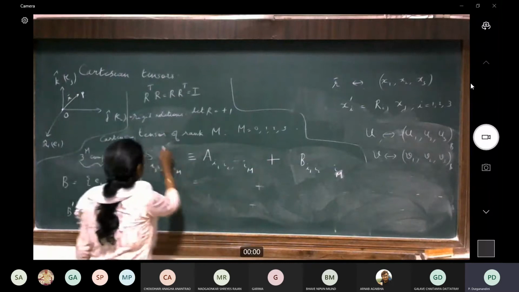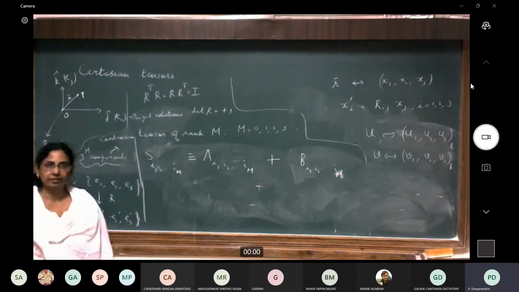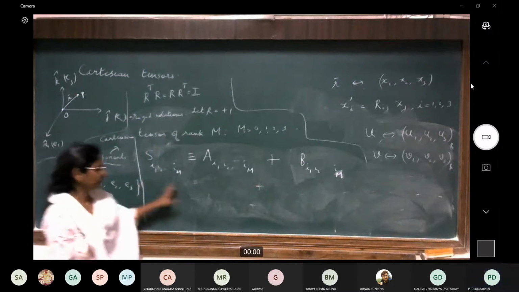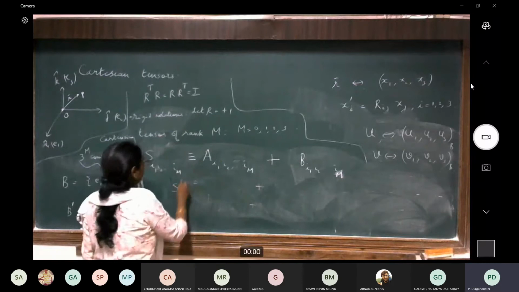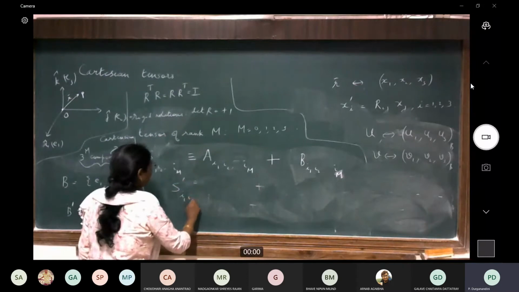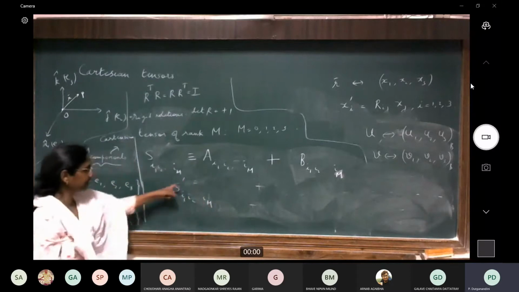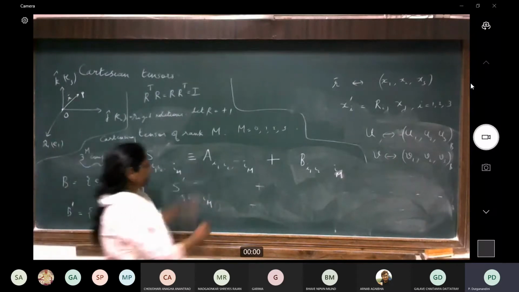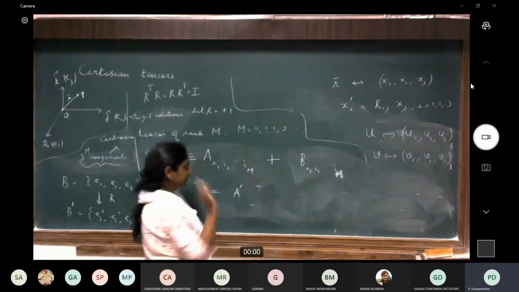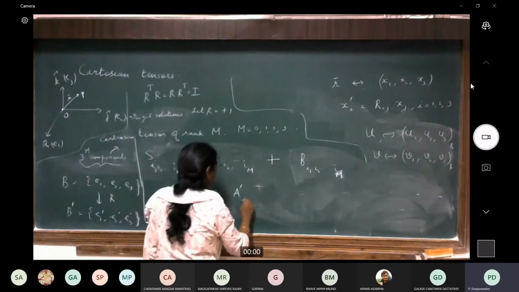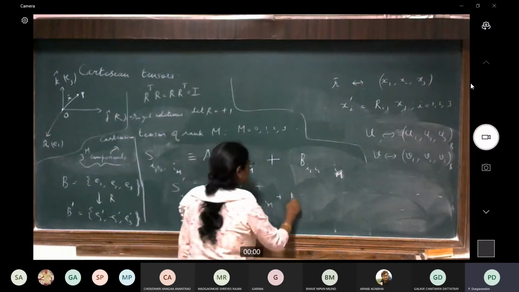I can ask now whether this particular object transforms like a tensor or not, and it's easy to check that. See whether the transformation properties are satisfied. By definition, S prime with indices i1, i2, up to im should be equal to A prime plus B prime, because if this is a definition in one basis, the same definition should hold in any other basis.